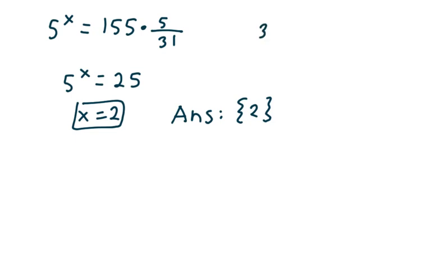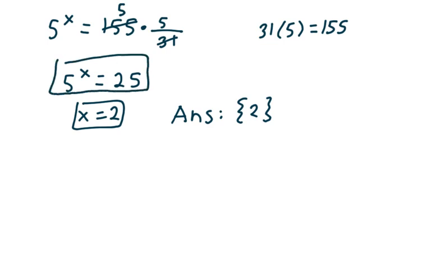It turns out 31 times 5 is 155. So 31 goes into 155 5 times. 5 times 5 is 25. So what we get is 5 to the x equals 25. Solving for x, we get x equals 2. And so the answer to example 5 is the set containing 2.